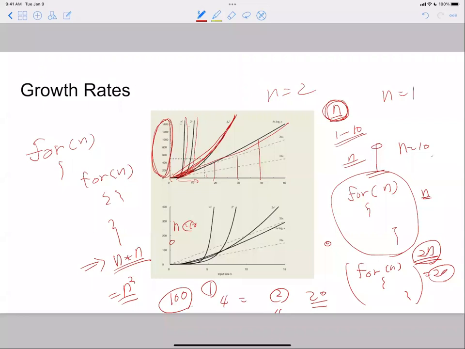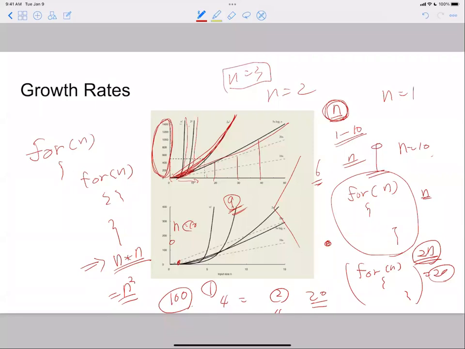So if n is 2, then this algorithm and this algorithm have the same efficiency. But if n is 3, then 6 versus 9. 6 iterations and 9 iterations. Now it is different, right? So when n is greater than 3, we can say this algorithm has a better efficiency.